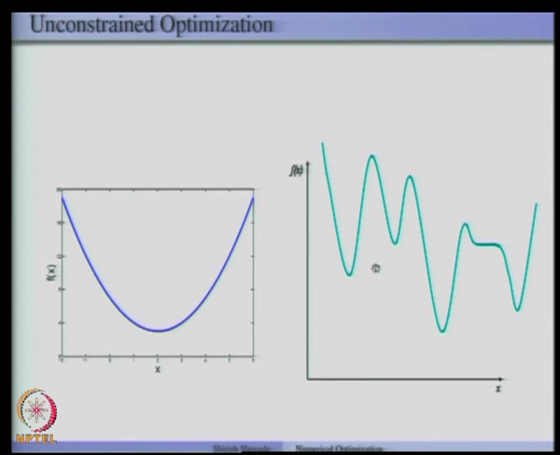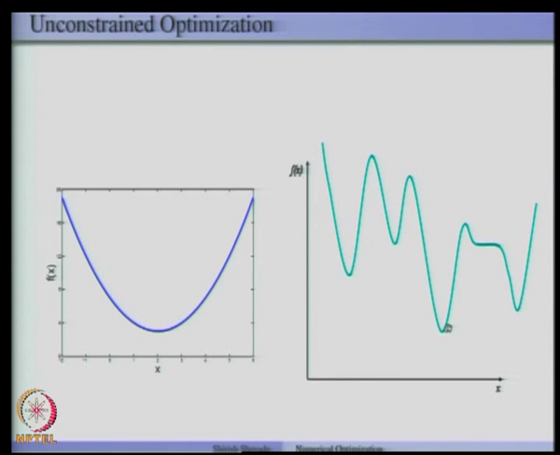If you look at this point for example, in the neighborhood you will see that the function has a least value if you consider a neighborhood around this point, but this value is still higher than the value which is called the global minimum.